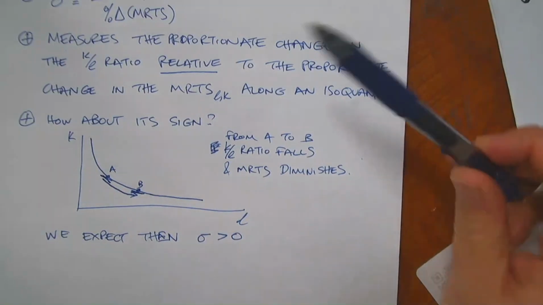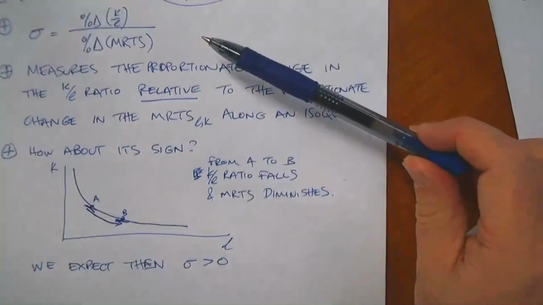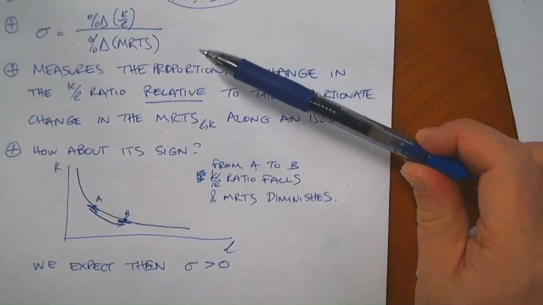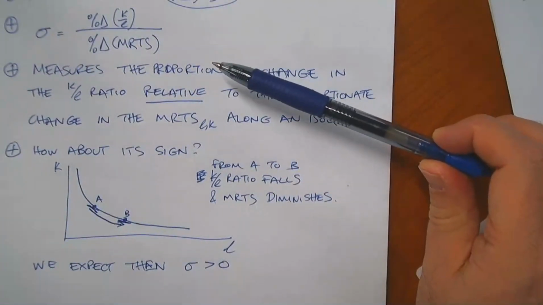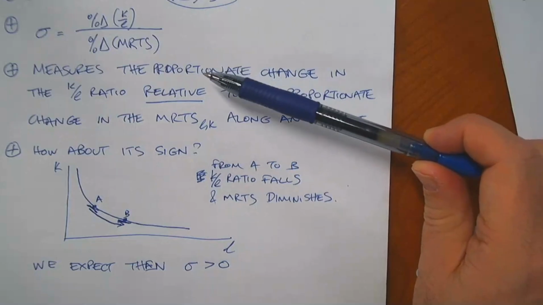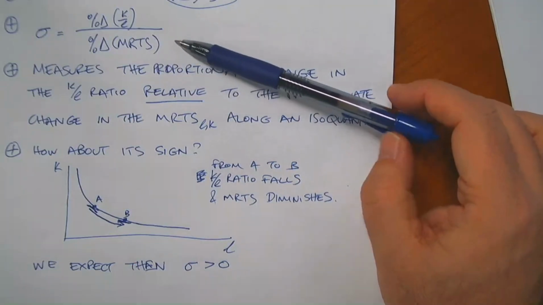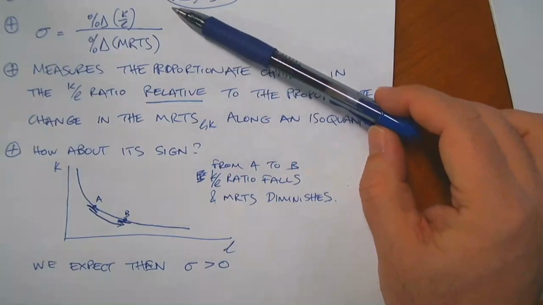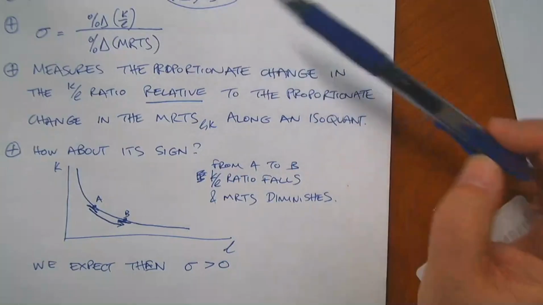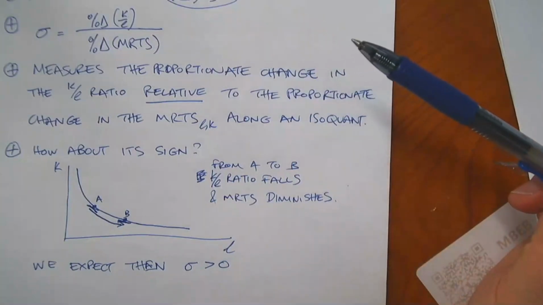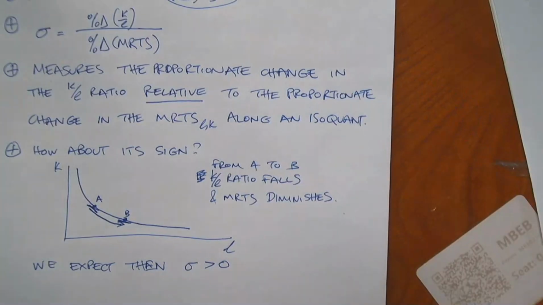You understand that, right? Your standard price elasticity measurement is a negative number because you have a negative association between price and quantity. This one is positive because you have a movement in the same direction.